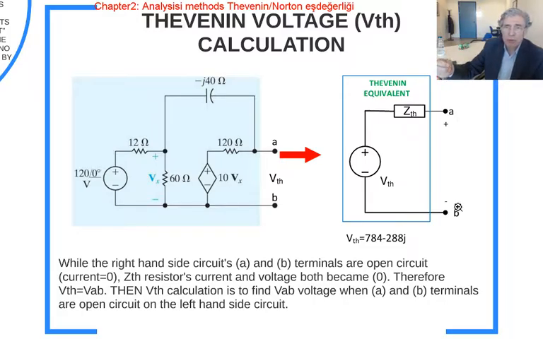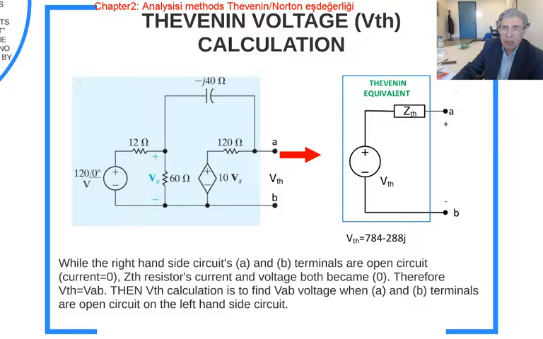So we were looking for a rule for how we are going to calculate the Thevenin equivalent. We can see here, you make the terminals, the load, open circuit, and find the open circuit voltage between the terminals A and B. Since this voltage is zero, it's going to be the same as VTH, so you did the calculation.